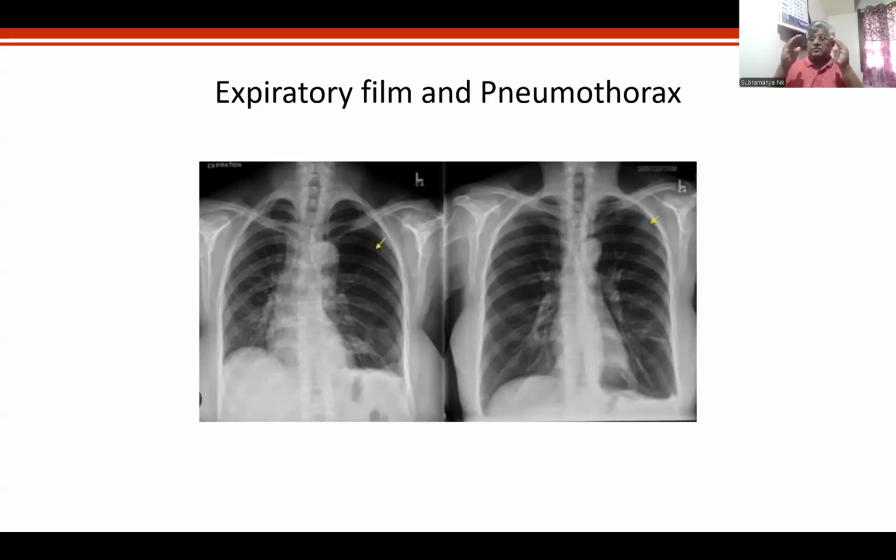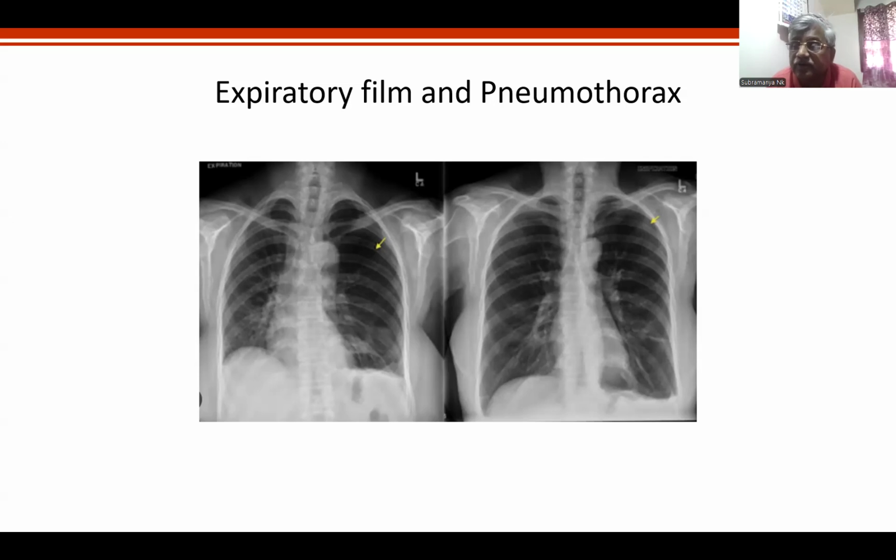Now, what happens is inspiration fine, but in an expiration, it collapses. This is my right hand, and this side is pneumothorax. I'll just show you what happens in inspiration and expiration. Inspiration fine, expiration. Did you understand the interpretation of pneumothorax?